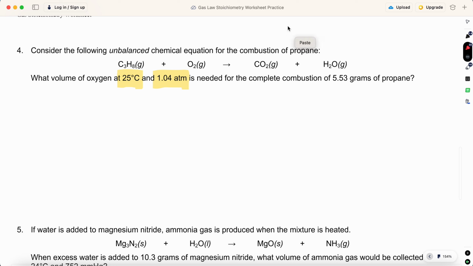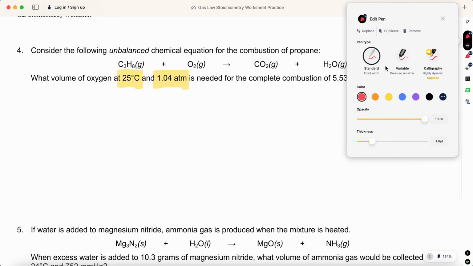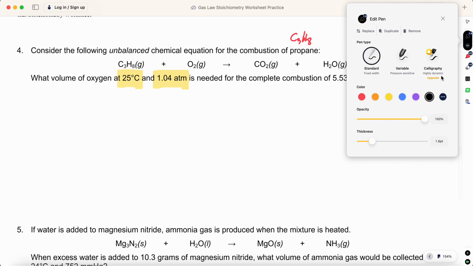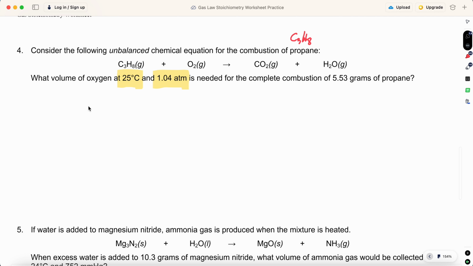Propane is C3H8. What volume of oxygen at 25 degrees Celsius and 1 atm is needed to complete the combustion of 5.53 grams of propane? So what we should do is write the givens first.